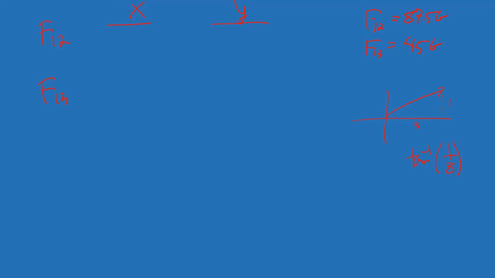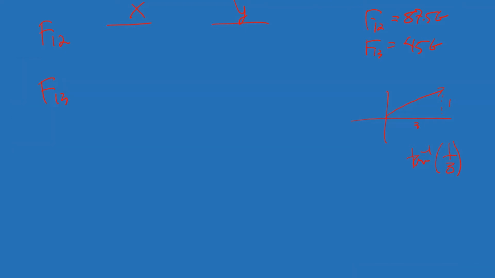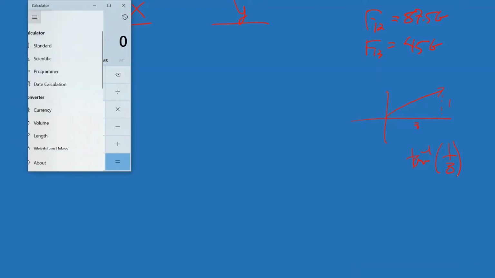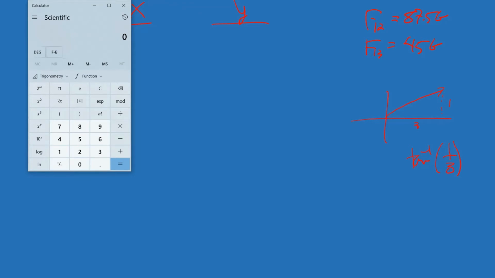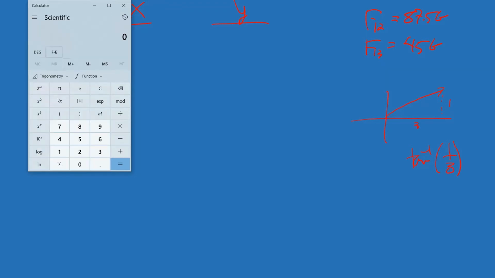So let's figure out what the inverse tan is. Let's get the calculator out here. We need some trig on there too, don't we? Where's my trig? 1 divided by 3 is equal to, and then there's my trig.